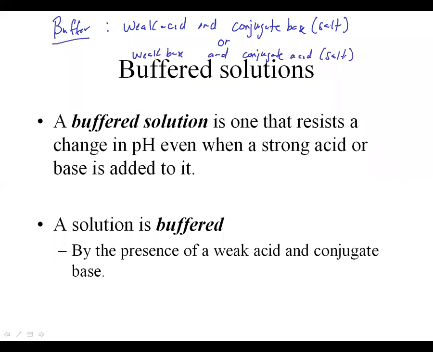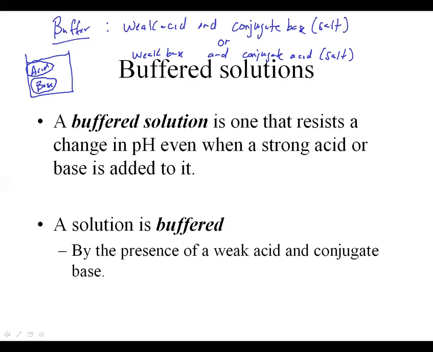So basically, when you have a solution that is a buffer, you have in there together an acid part and a base part floating around at the beginning. And that's really important for how a buffer is able to operate.